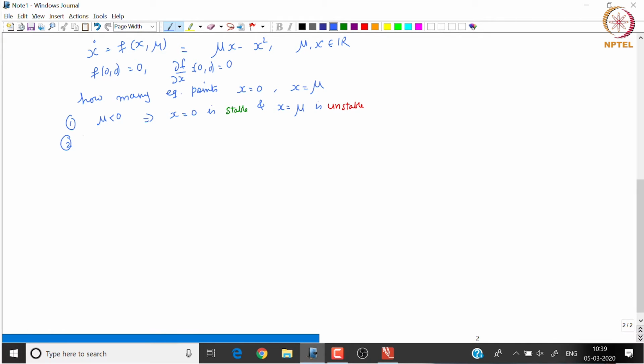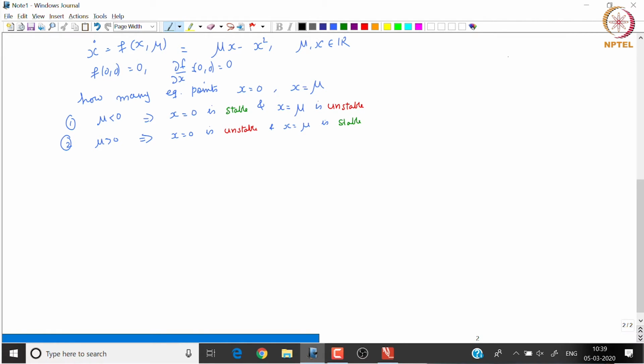Second case is you have mu greater than 0, in which case x equal to 0 is now unstable and x equal to mu is now stable.